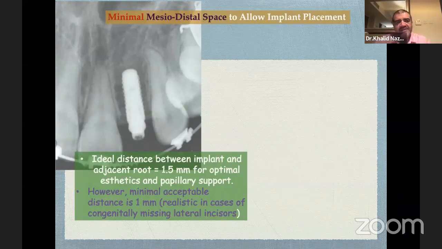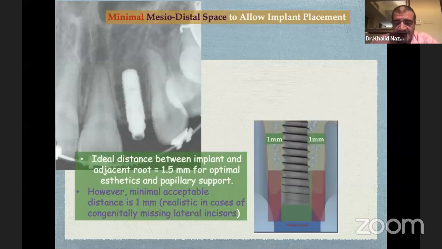However, in the anterior maxilla, especially when we work with incisors, especially in our region, many people have thin phenotypes, and we end up with an acceptable level of 1 millimeter distance instead of 1.5 millimeters. If you look at this image, this is what I mean.